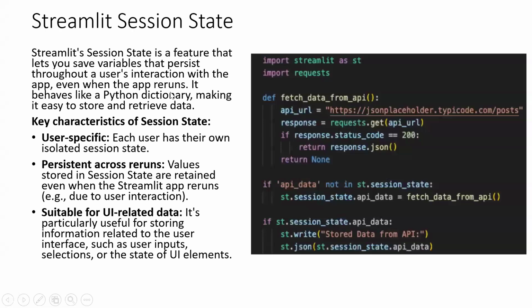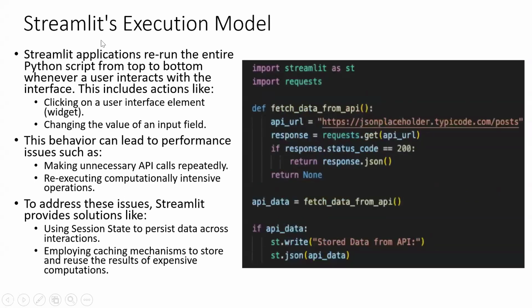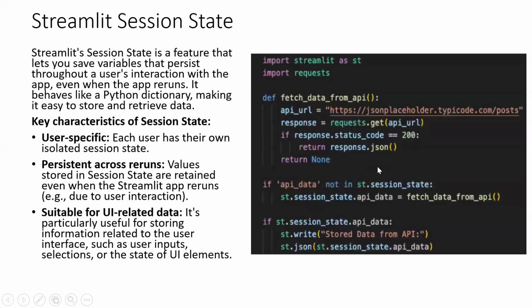Session state, which we just talked about, how does it work? Let's take a relook at the same example where we are calling the API. In the previous slide, we saw how this API is called again and again. Now, whatever response we get the first time the API is invoked, I will take that response and put it in my session state.